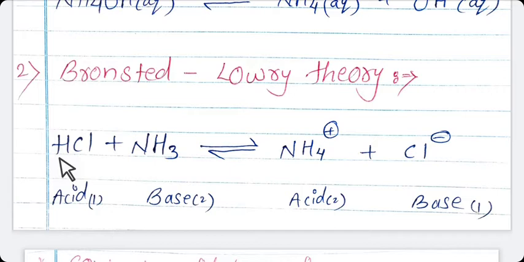After donating the proton, only chlorine is remaining, so it will become a base, and ammonia, after accepting a proton, becomes ammonium, meaning NH4 plus, so it will become an acid.